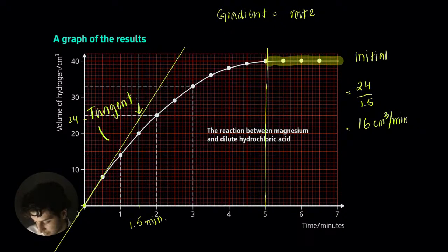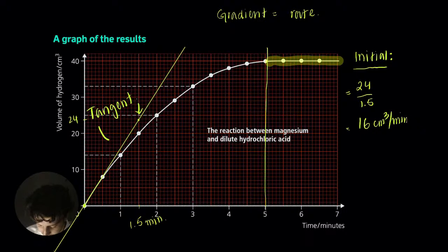Okay. Do you guys understand? Initial rate you can get from a tangent. And initial rate is just the rate at a particular point. What point in time? 0, when time is 0. You can be asked to calculate the rate at any point in time.